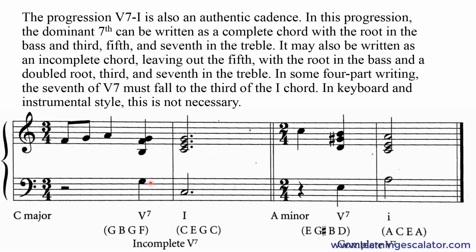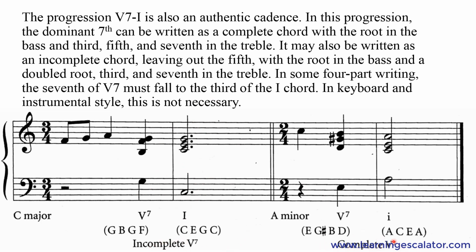So this one has G, B, G, and F in here, which leaves out the fifth. So this is G, B, G and F. I left out the fifth, which is a D, and then this one's just a tonic chord, so that's an incomplete dominant seventh.